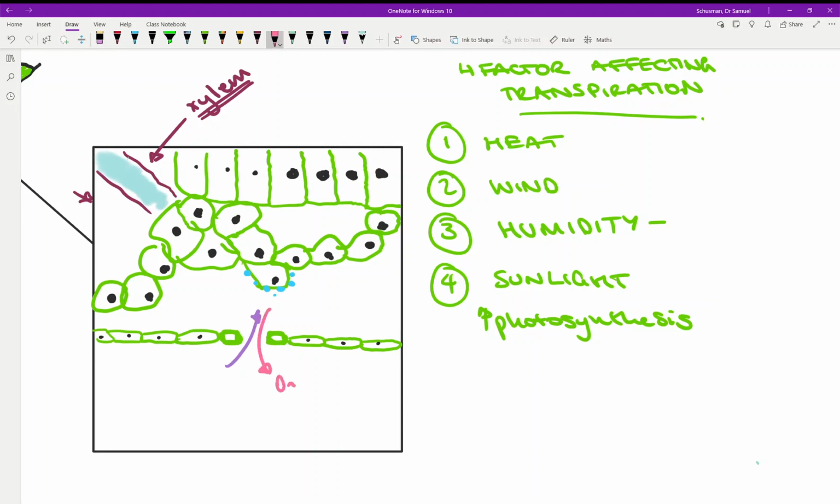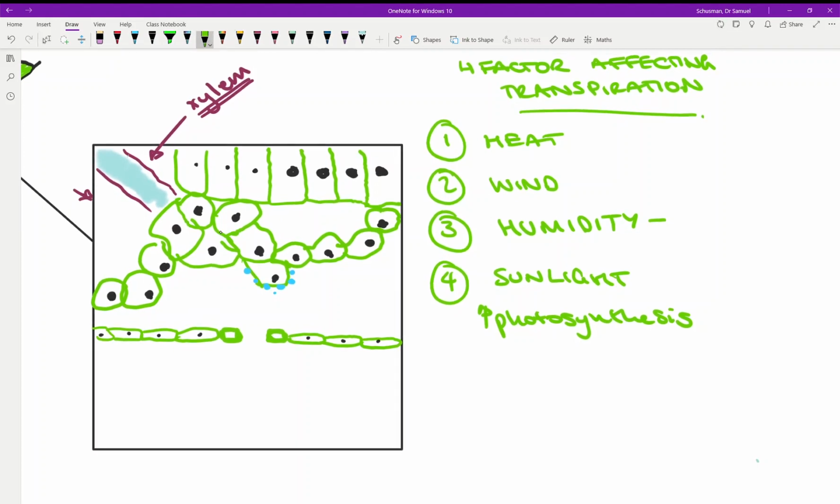So that would be O2, and this would be CO2. So sunlight actually increases transpiration because you have increased photosynthesis in increased sunlight, which will give you increased stomatal opening, which just means increased number of open stomata, or they're open wider.